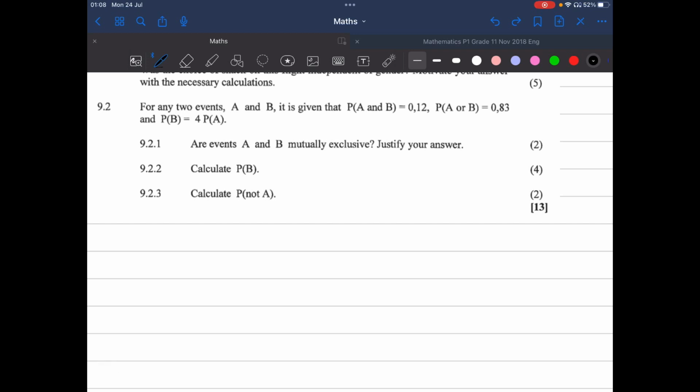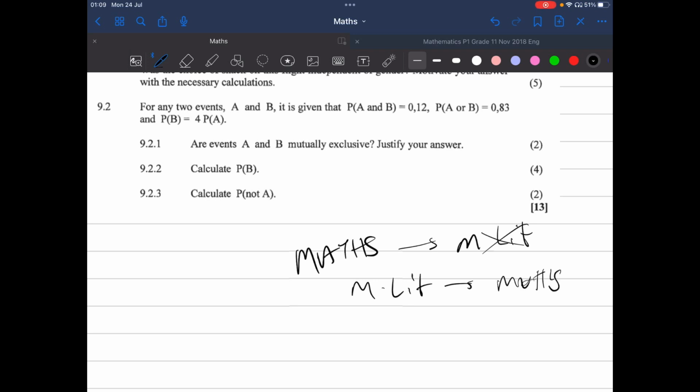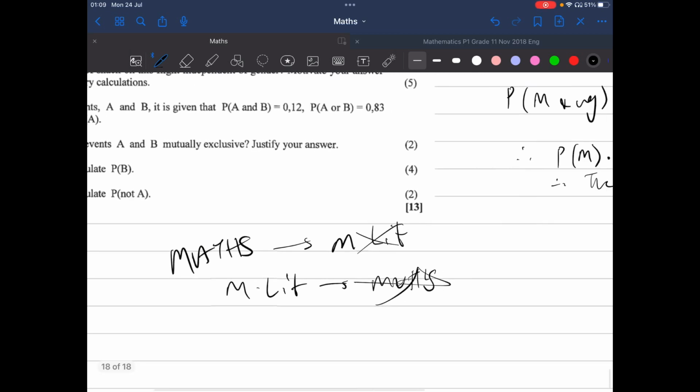What does it mean to be mutually exclusive? It means that if you pick A, you can't pick B, and if you pick B, you can't pick A. An example of this would be choosing between maths and maths lit in school. If you do maths, you can't do maths lit, and if you choose maths lit, you can't take maths. So that's a mutually exclusive event.